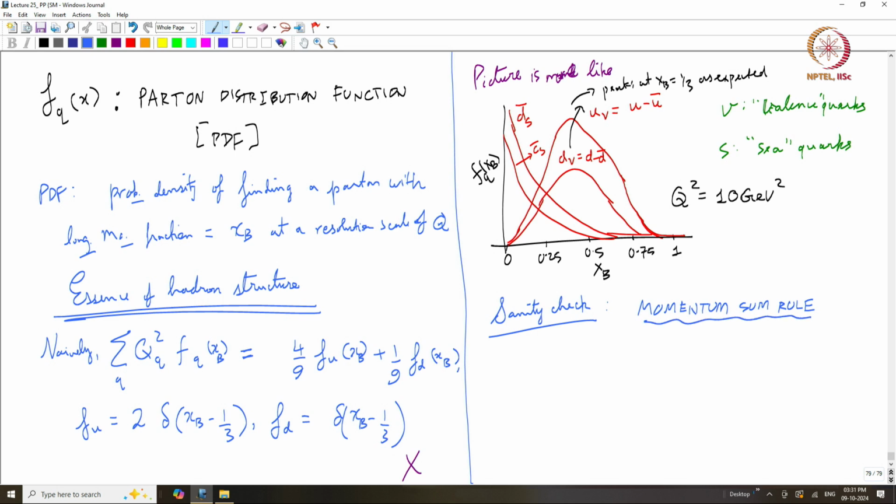Okay. What is the momentum sum rule? It is very simple. I know that if I weight the fraction, weight the Bjorken X with the PDFs, and actually compute the probability, and if I sum over all the quark flavors, then this should be 1.